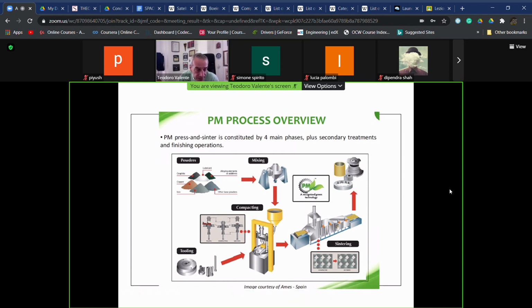But there is the formation of the same concept that we already have seen some years ago for the ceramic materials, a sort of green body.